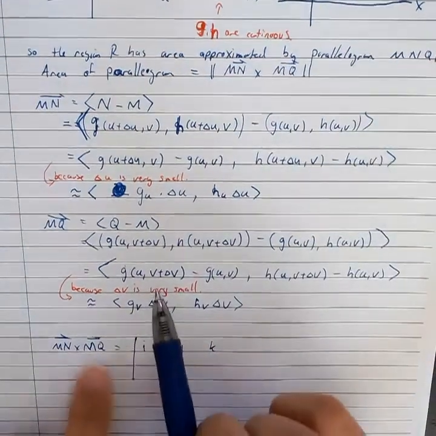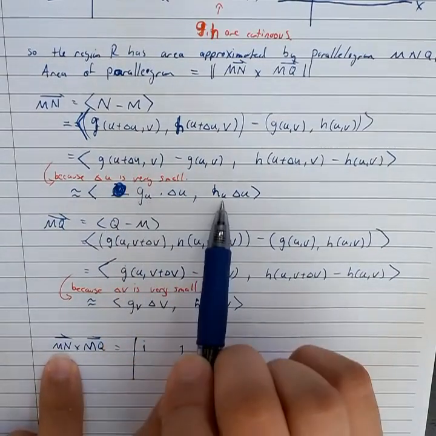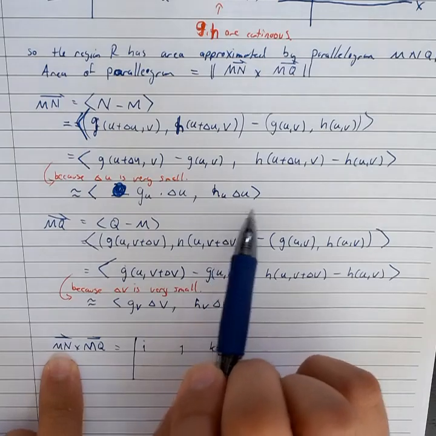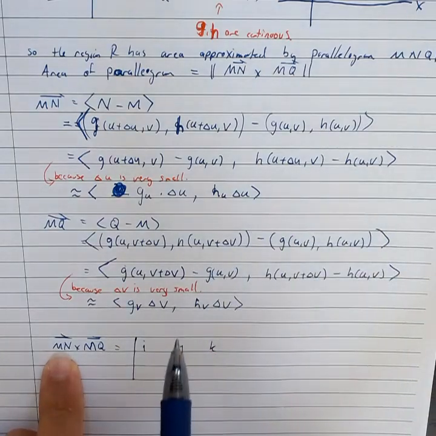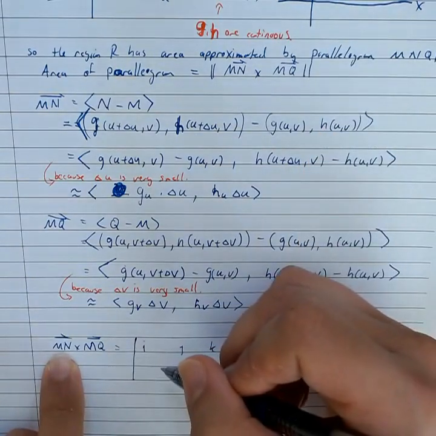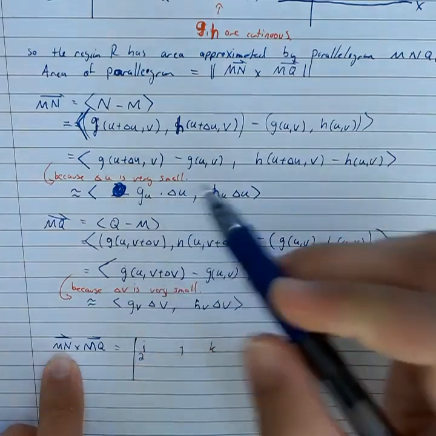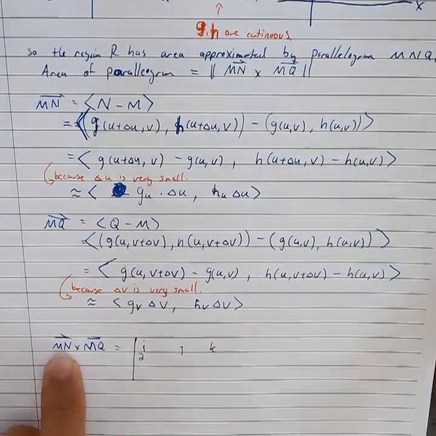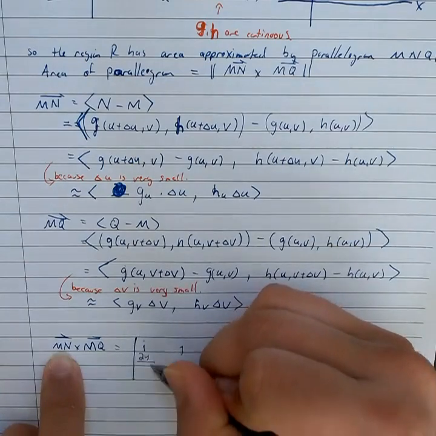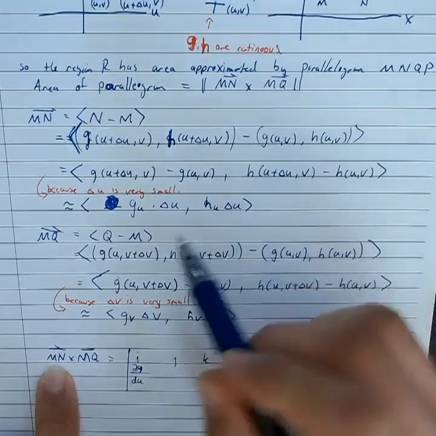And notice the components of MN are given by, well, this one. Oh, you know, our third component isn't there. There is no third component here, right? This is just in 2 dimensions. Okay, so here we can write this as the partial of G with respect to U. That's MN, yeah.